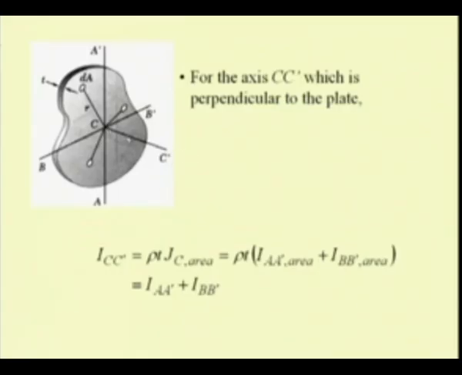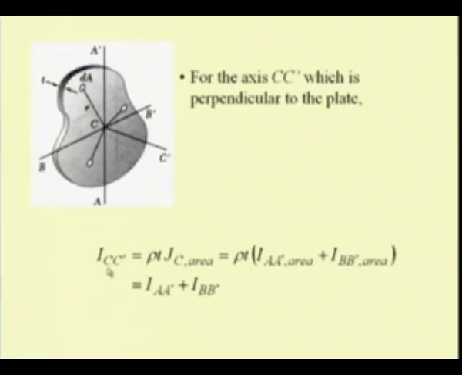Let us say we are interested to find the second moment of the mass with respect to this axis C C prime. So, we have these various area elements in this thin plate situated at these distances r. Again we can write the element dm as rho times T times the area element dA.